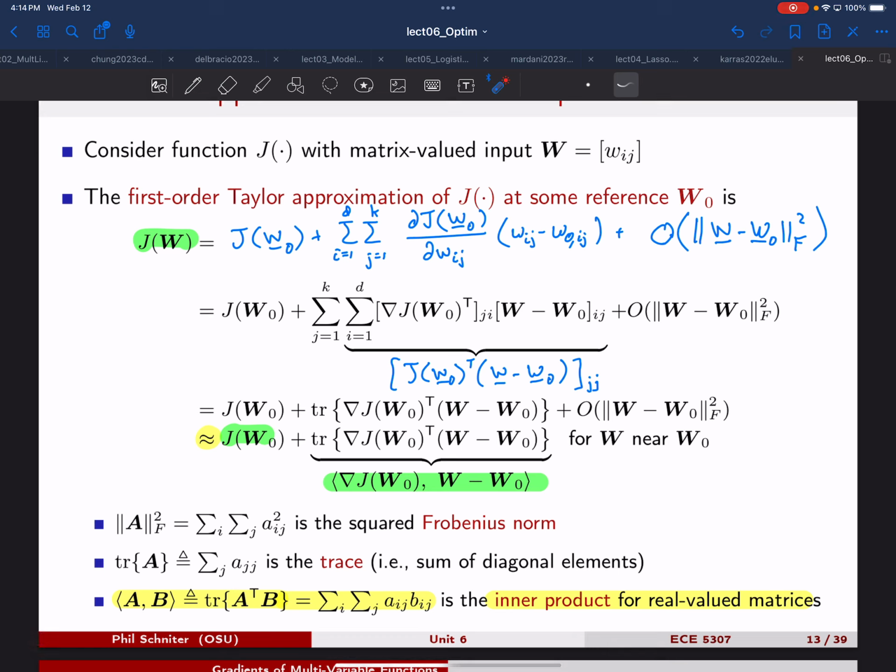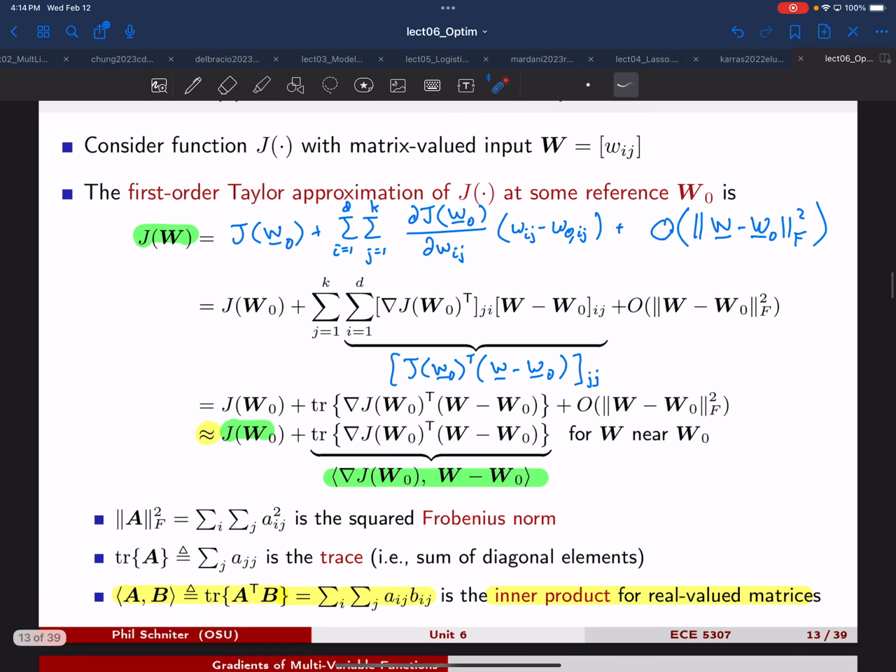Here the inner product between matrices A and B is the trace of A transpose B. Or equivalently, if you do a pointwise multiply of A and B and you sum up all the terms, that's another way to think about the trace. And yet another way is if you take the entries in A and B and you rasterize them into a big long vector, and then you do the inner product the same way you do with vectors, you get exactly the same thing. So there are different ways to think about this inner product between matrices.